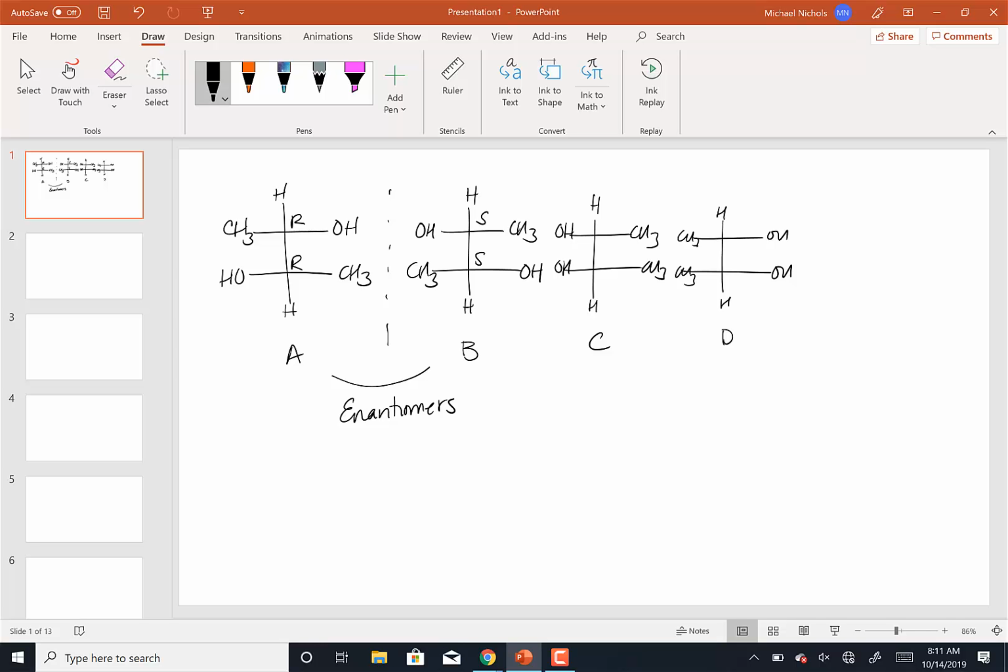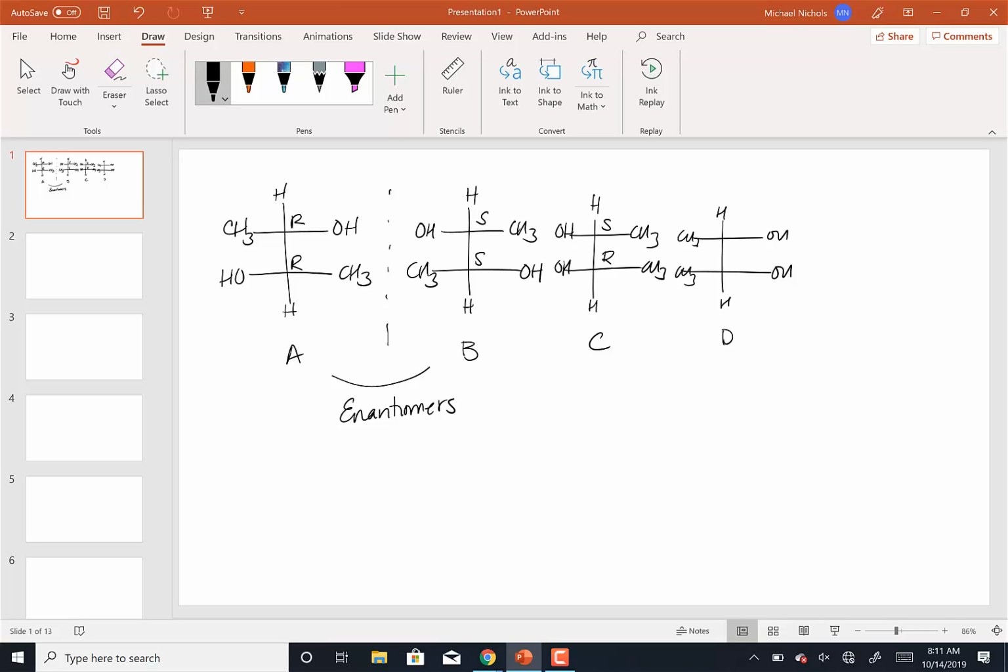Now, configuration-wise, for C, what was the top and bottom carbons? Top one is S and bottom one is R. I'll agree with that.